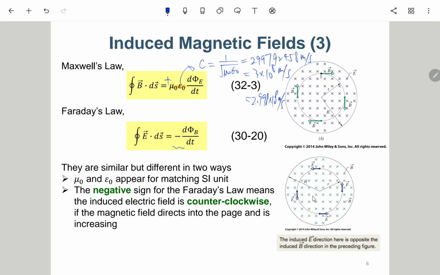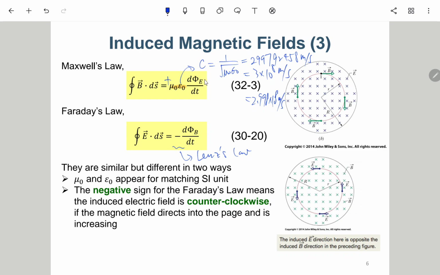And of course in chapter 30 we learned this negative sign as Lenz's law, if you still remember Lenz's law. So these are the two differences between Maxwell's law and Faraday's law, and otherwise they are quite similar.